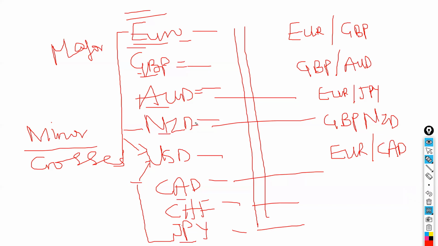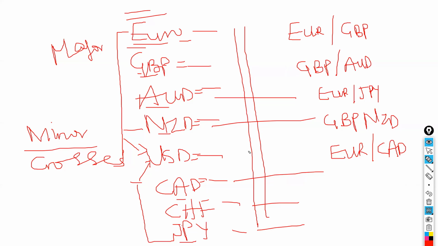Let's say for example we have maybe the Russian currency, maybe Brazil, maybe Mexico, maybe India, maybe South Africa, maybe China as well. We can put them under the exotic currency pairs because they are not on the major currency pairs and not on the minor currency pairs.